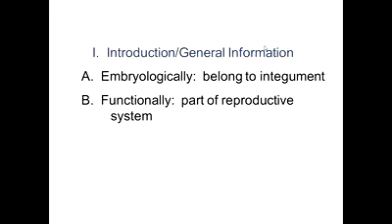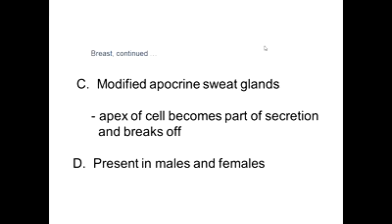First of all, anatomy and physiology of the breast, introduction and general information. Embryologically it belongs to the integument, from the skin, and functionally it is a part of the reproductive system. Breast is situated in the subcutaneous tissue in the pectoral region, and is a modified apocrine sweat gland.